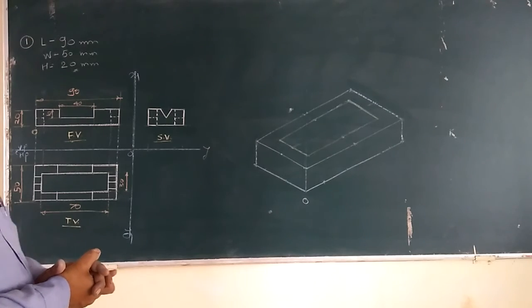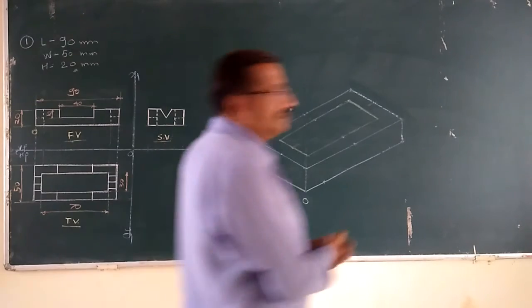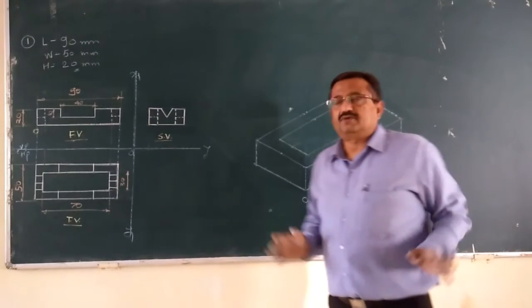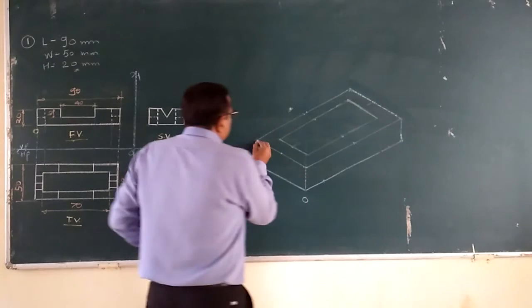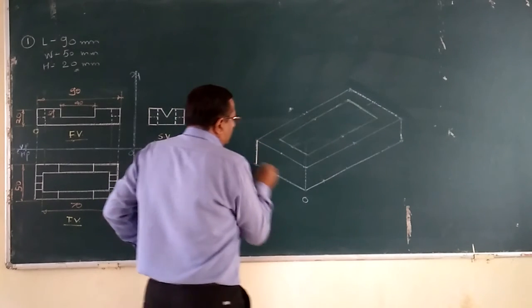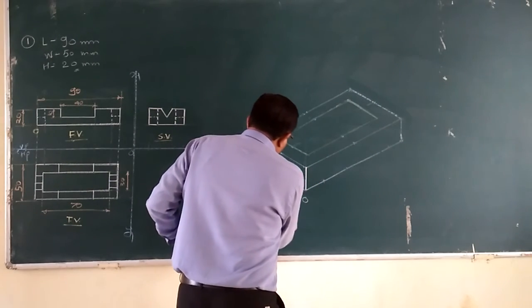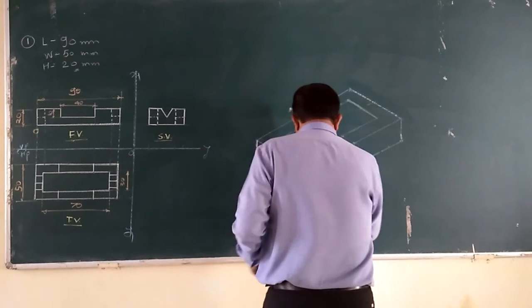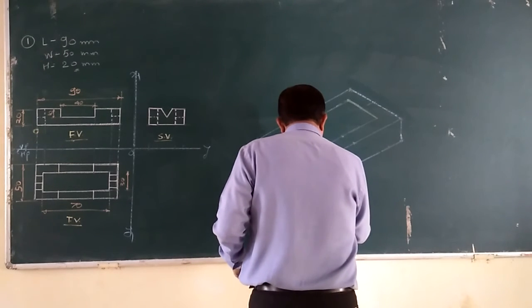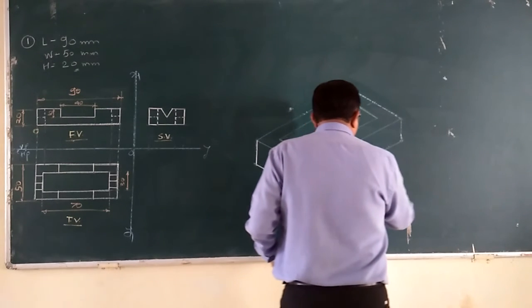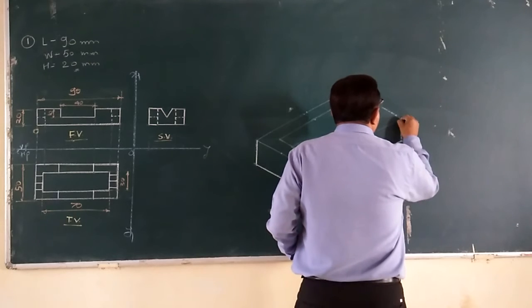After that we will see which thing should be retained and which thing should be erased. First of all, we will make fair all the corners, all the outline, all the outer contour of the object. I am going to make it bold by continuous thick lines.